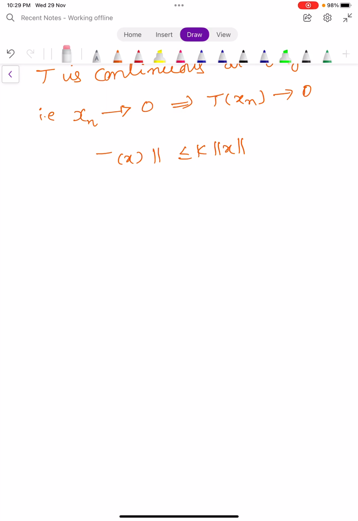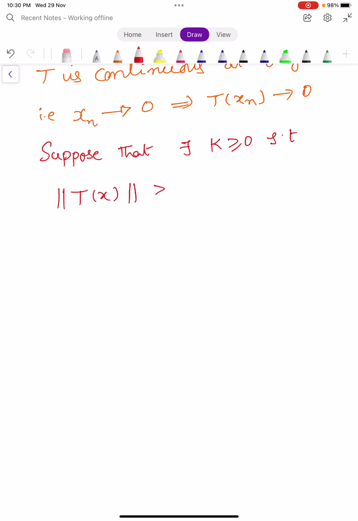So assume the contradiction. Suppose that there does not exist a real number k greater than or equal to 0 such that norm T of x is less than or equal to k into norm x. Actually, we have to show it for all x belonging to capital N, but we assume the contradiction.